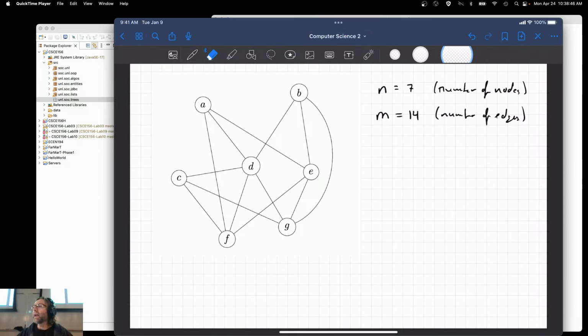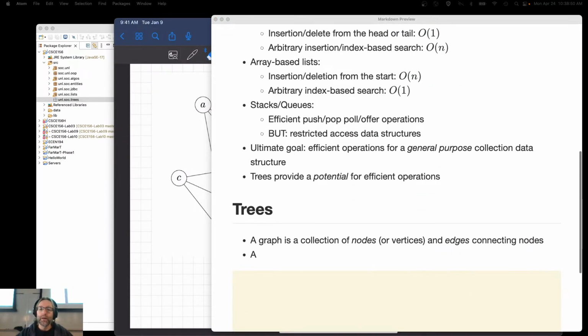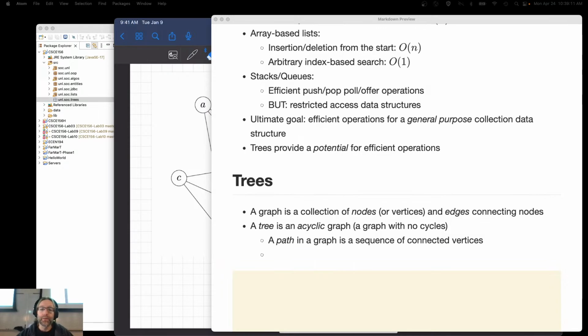What I want is a tree. A tree is an acyclic graph, in other words, a graph with no cycles. Now, to understand this, we need a little bit of terminology. A path in a graph is a sequence of connected vertices or edges, or nodes, if you want to call them that.